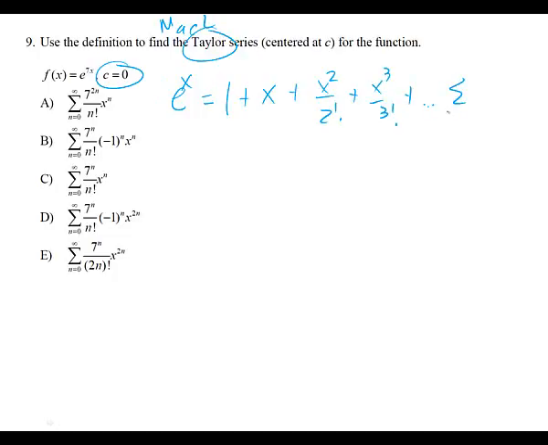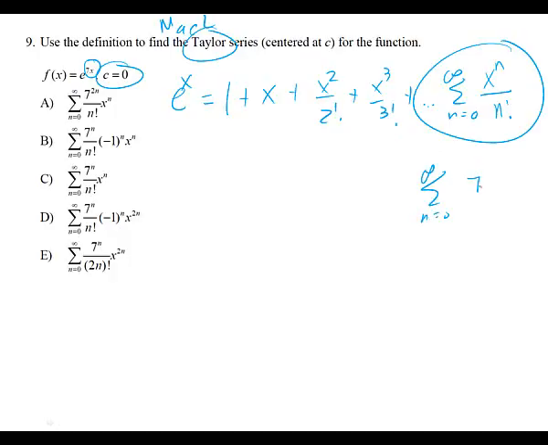Now, I want you to read the formula, the general term. What does it say? X to the n over... Look at all of those. I didn't need this other stuff. I just needed this, right? What do I substitute in for the x? 7.